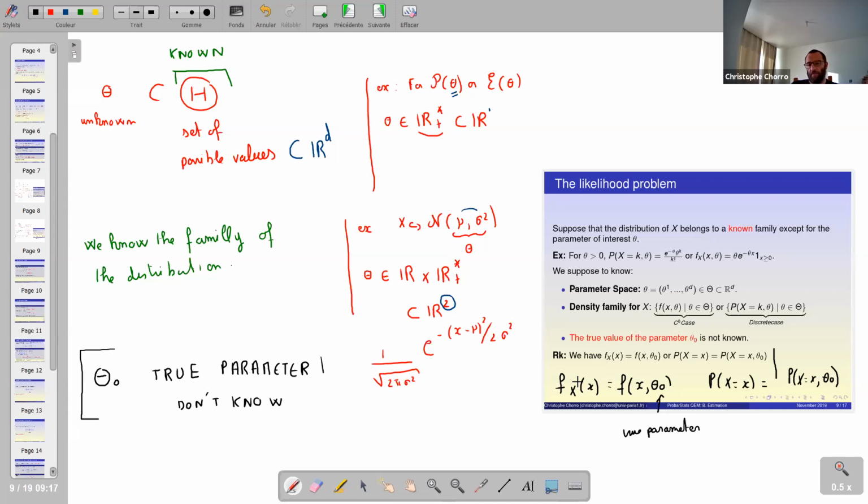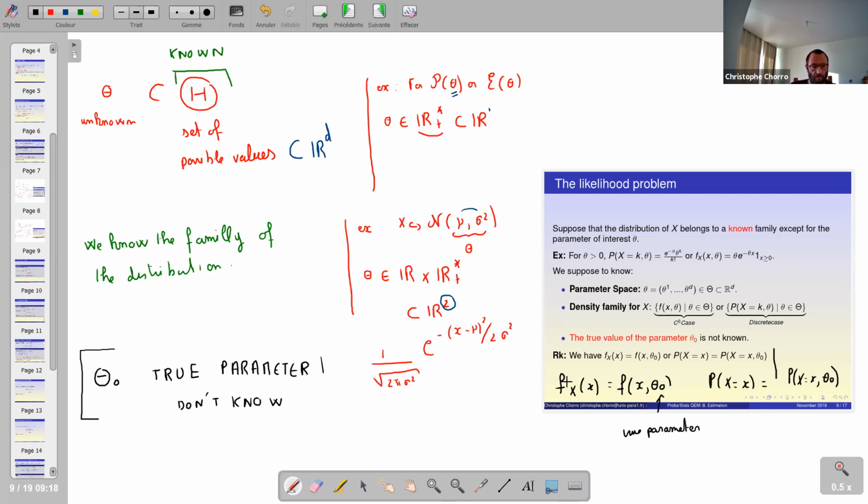With this setting, we are going to have some systematic ways to approximate theta 0. This is what we call the likelihood problem, and we are going to see that the true parameter theta 0 fulfills a very interesting property.